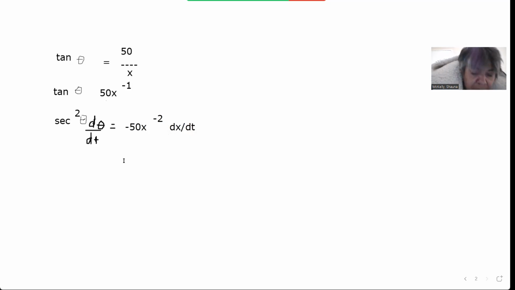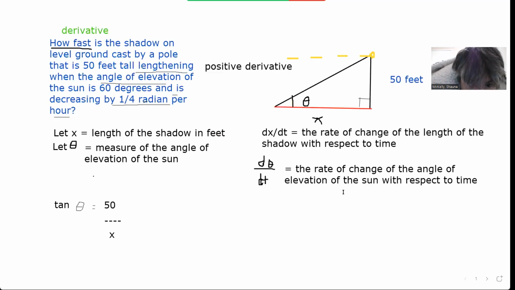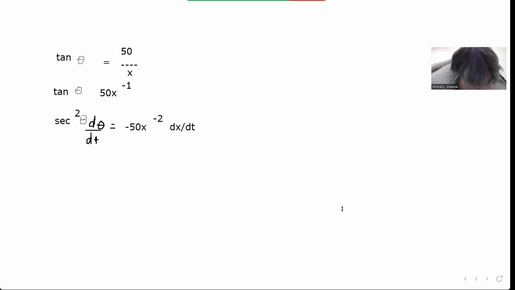Now, if you look back at the problem that we were doing, we know what some of these are. It says the angle of elevation of the sun is 60 degrees. So we know what theta is. And decreasing by 1/4 radian an hour. Let me take a timeout.